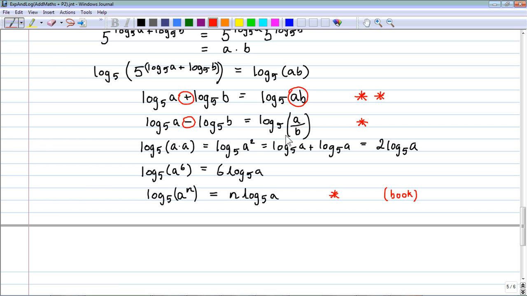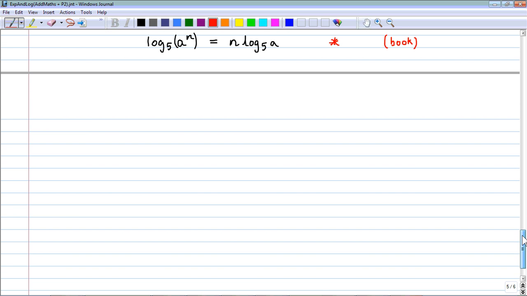So you'll see these rules being used again and again in exam questions and other situations. And the last one here is a natural consequence: if you have a power, you can take the power outside.